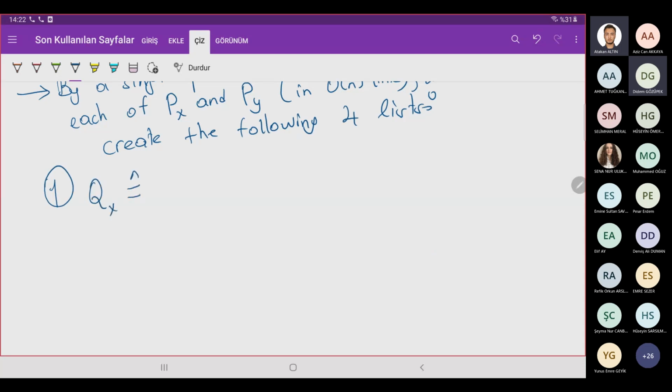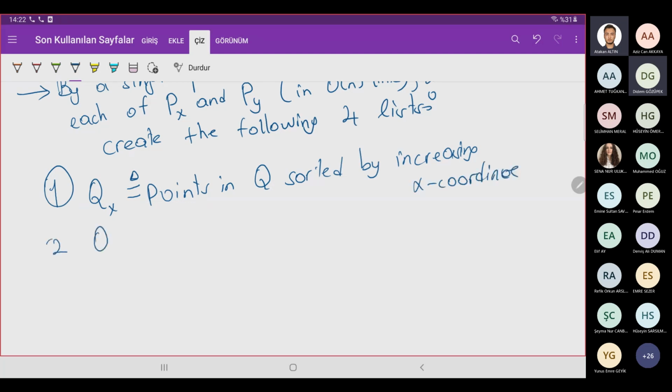Qx: points in Q sorted by increasing x coordinate. Qy: points in Q sorted by increasing y coordinate.